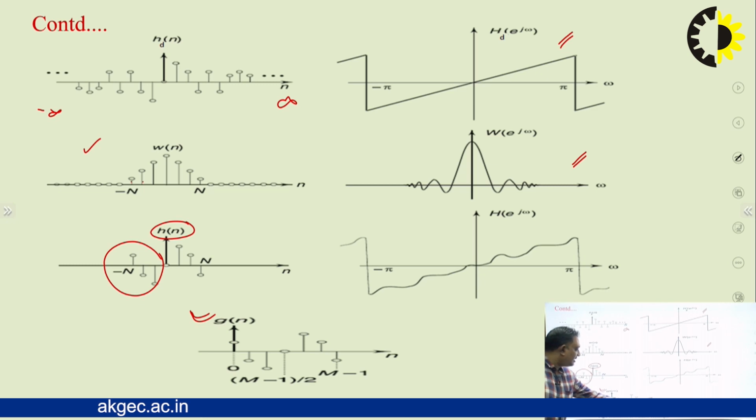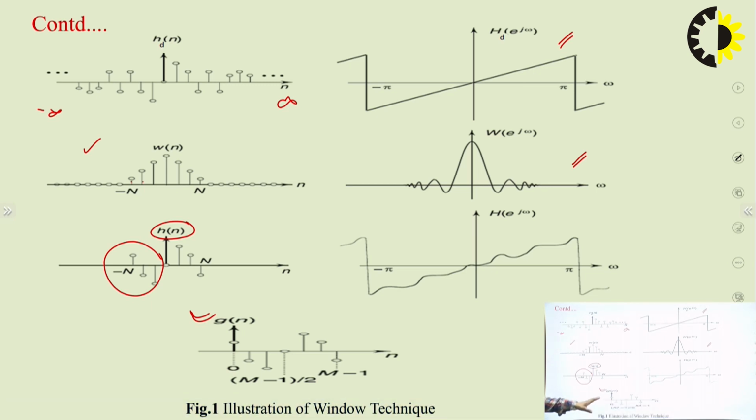So this is a finite duration impulse response having 0 to M minus 1, meaning a total of M terms, and you can easily realize it. Okay. So this is how we will obtain the finite duration impulse response, based on which we can obtain the design of an FIR filter.